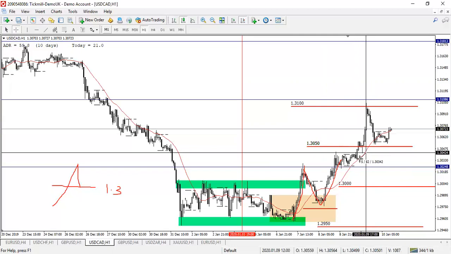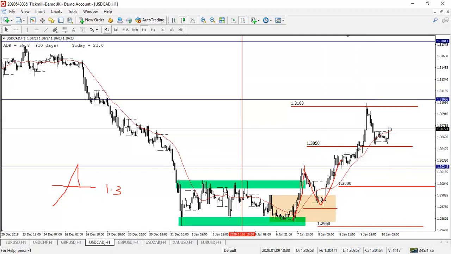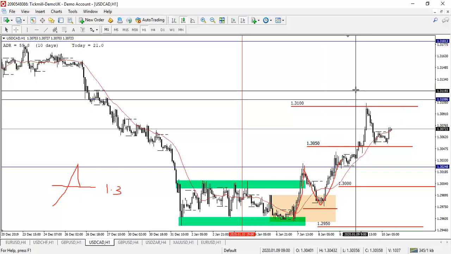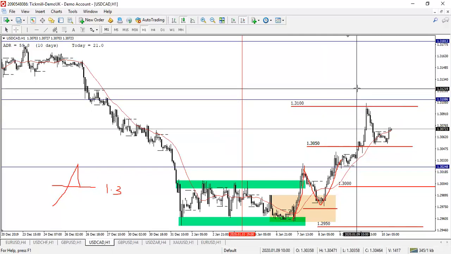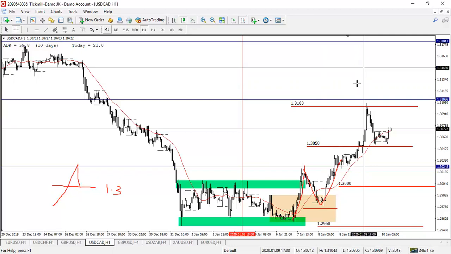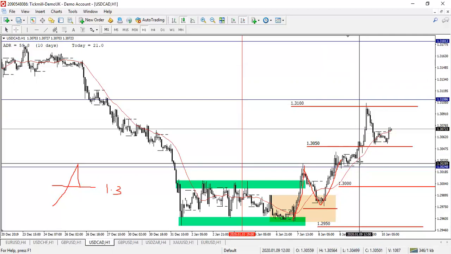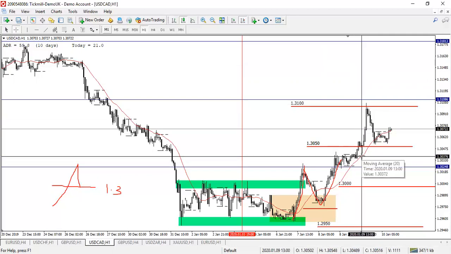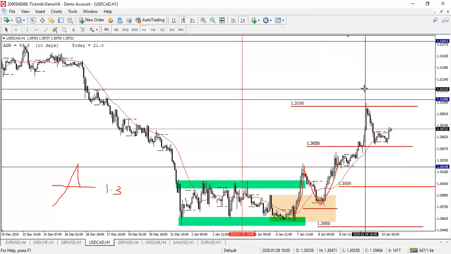Well, it's up to you really, but this was also a good entry based on the fact that this is a strongly bullish candle. There's a high chance that it will break this 1.3050 area and will continue to move upwards. And also the moving average is on our side, and the dollar index was also supporting this trade.